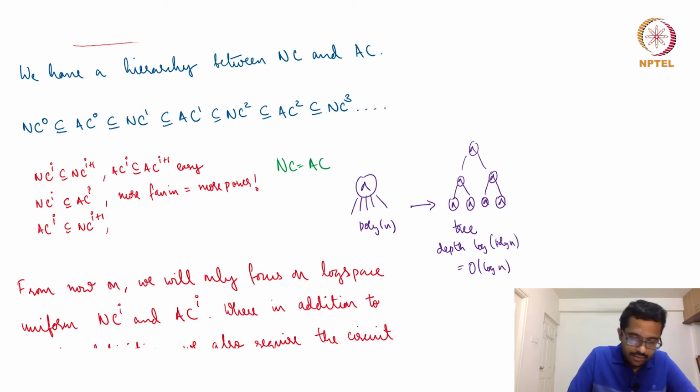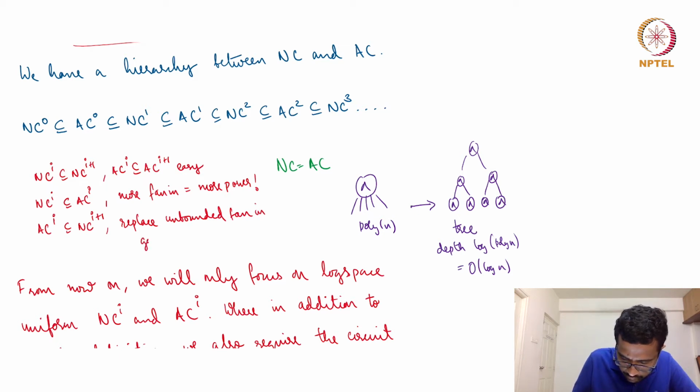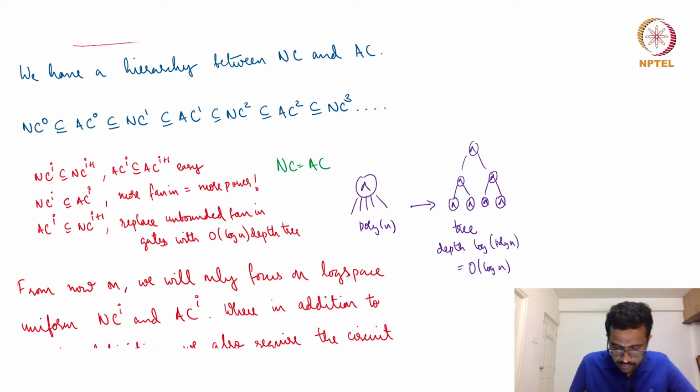So by replacing unbounded fan-in gates with an O(log n) depth tree, the polynomial size remains polynomial because log n doesn't change it, but there is a depth blow up of log n.